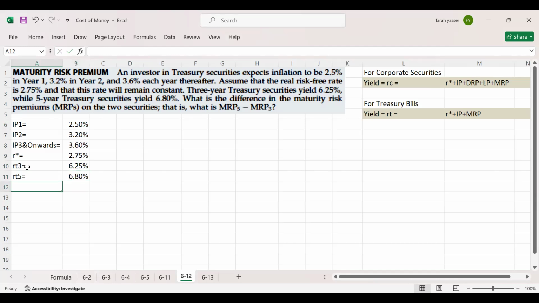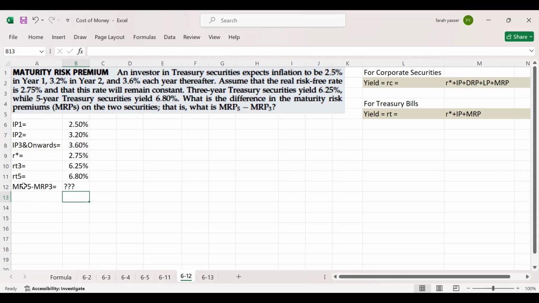Basically the difference between maturity risk premium of 5 year securities minus maturity risk premium of 3 year securities. So we will first find out what MRP 5 and MRP 3 are, and then we will deduct both MRPs from each other.